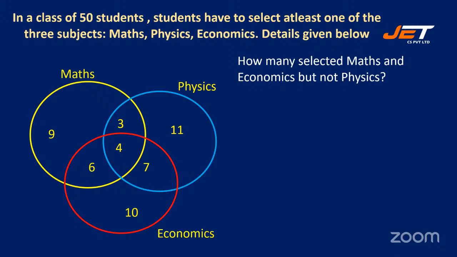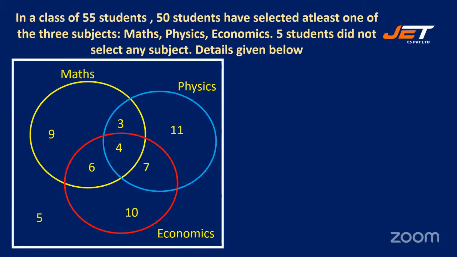Which is 6. Yeah, next. How many selected physics and economics but not maths? So physics and economics is 7 students. All right. Now, see the next.